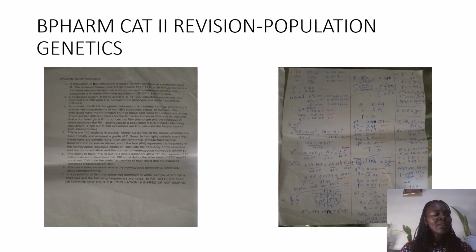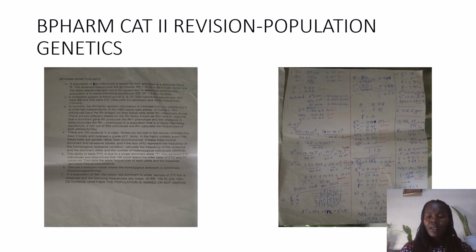Then you are told to calculate the frequencies of both alleles. Very simple. Calculate P and Q. If you divide 120 over 500, you get 0.24. If you do the square root, the Q will be 0.49.